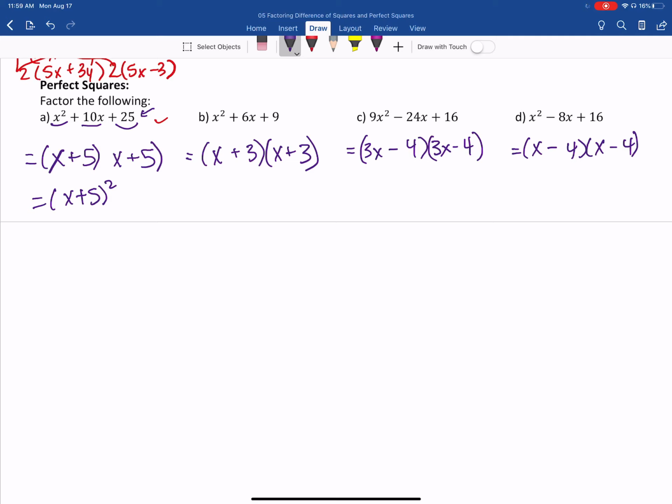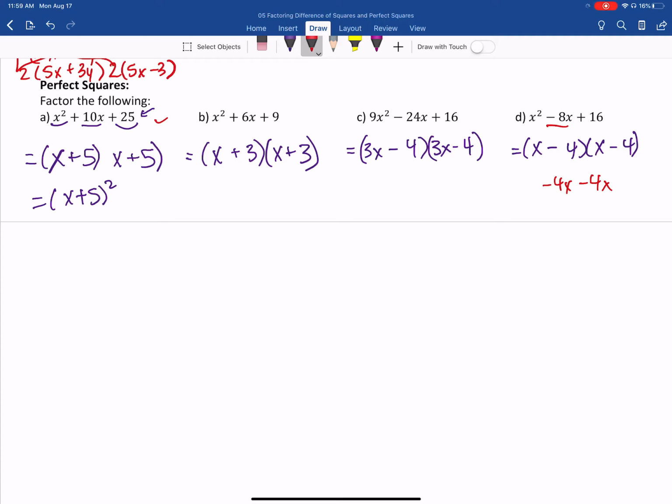And I'm only checking the middle here simply because I already know by placing the x's in the front and the 4's in the back that it's going to satisfy the first and the last value anyways. I'm really just checking the middle to see if when I FOIL it out and then I simplify, this is what I'm doing in my head. I'm going, oh, this is the middle and this is the middle, and they add up to that. That's what I'm just kind of explaining, my thought process.